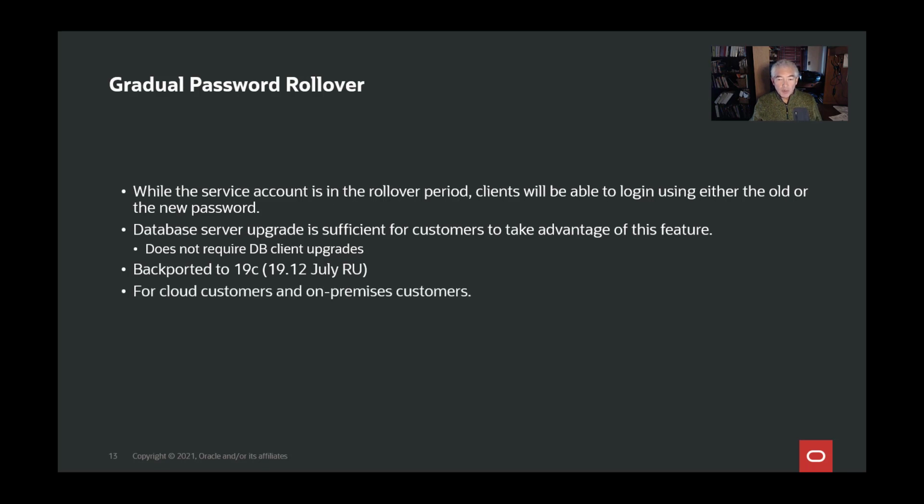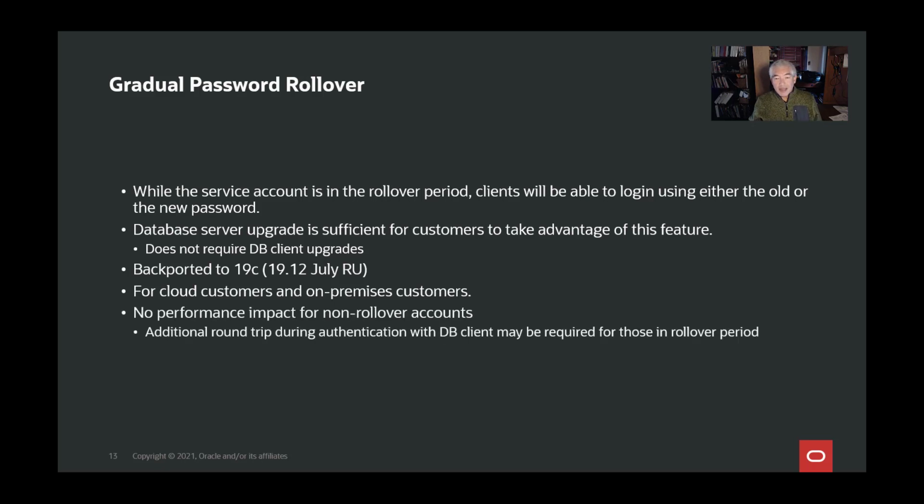This will work with both on-premises and cloud databases. And there won't be any performance change for user accounts that are not in password rollover. And there might be a small performance impact during login to user accounts in password rollover, since there may be an additional round trip between the server and client to allow this to work.